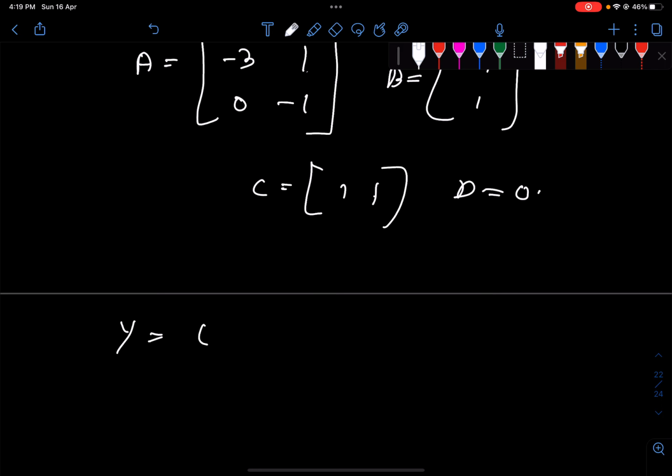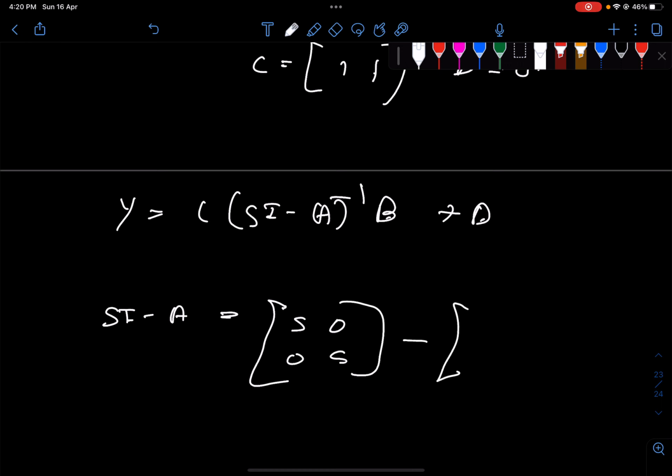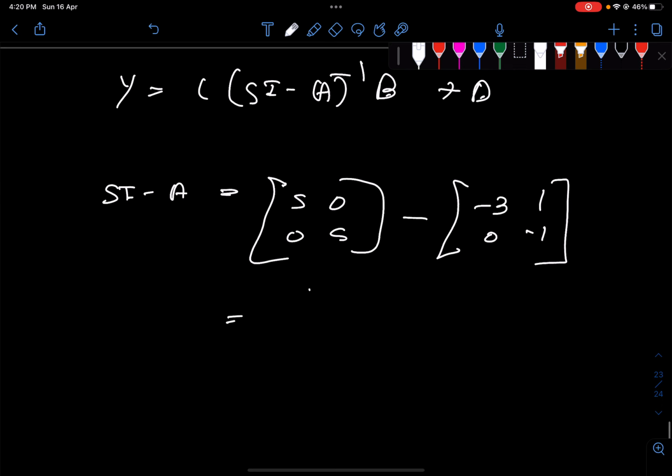Y is equal to C into (sI − A) whole inverse times B plus D. So since here it is a 2 by 2 matrix, that is very easy to find out here. So what is sI minus A? sI minus A is equal to [s, 0; 0, s] minus, what is A here? [−3, 1; 0, −1]. So it is just [s plus 3, −1; 0, s plus 1], right?